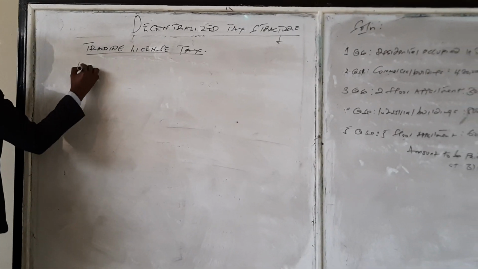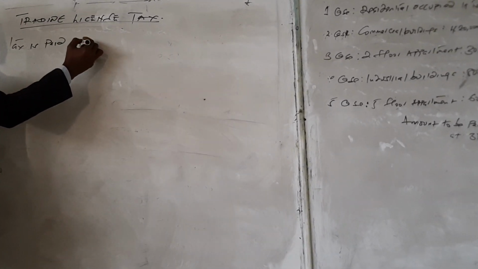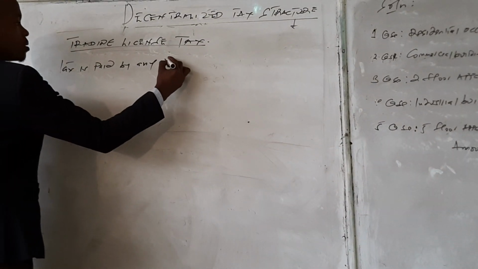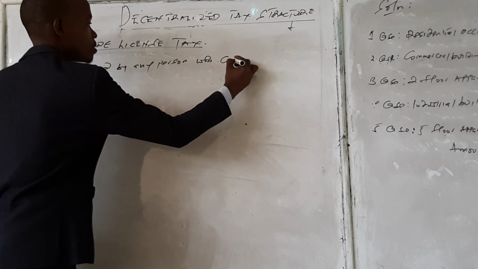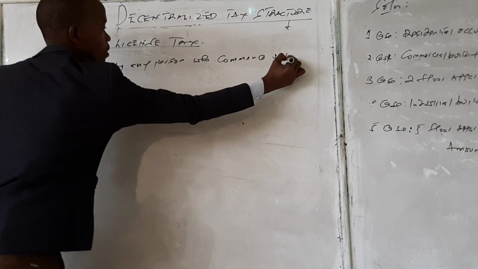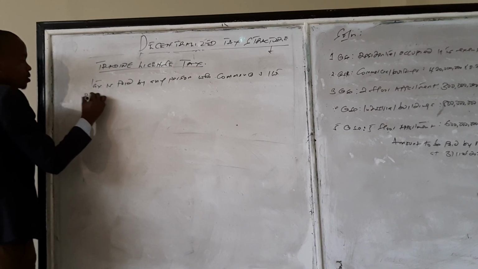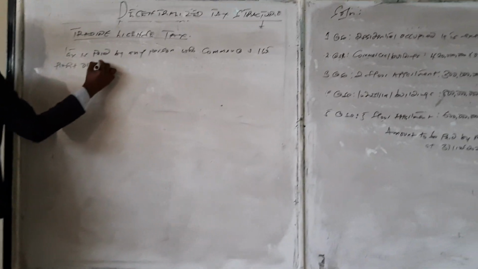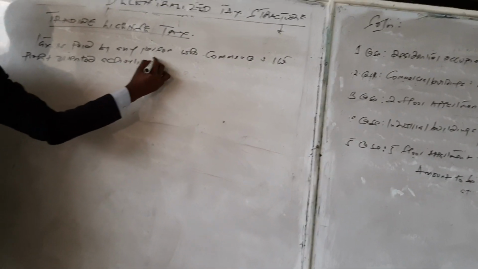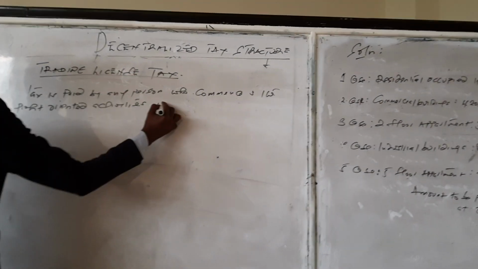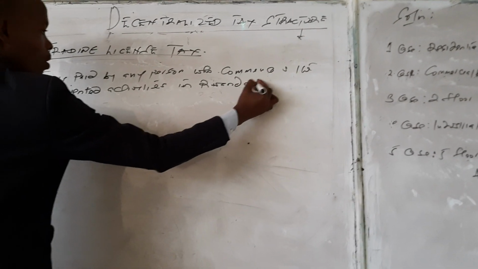The trading license tax is paid by any person who commences profit-oriented activities in Rwanda or elsewhere.